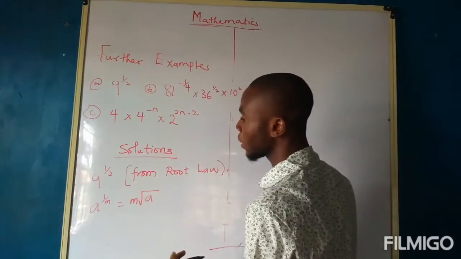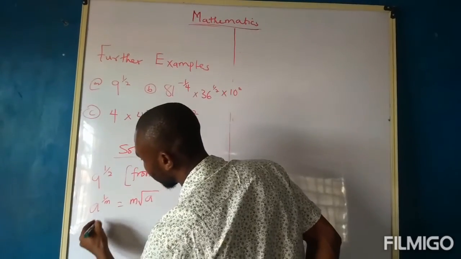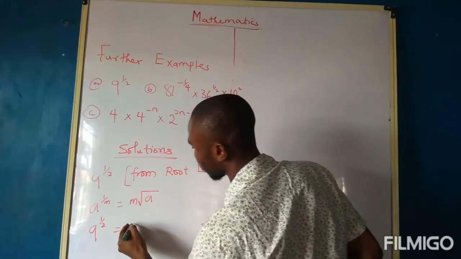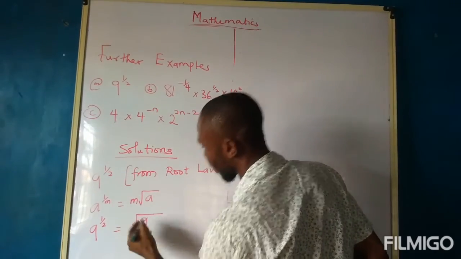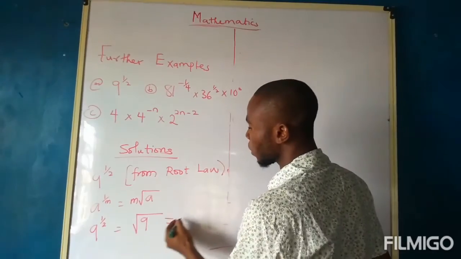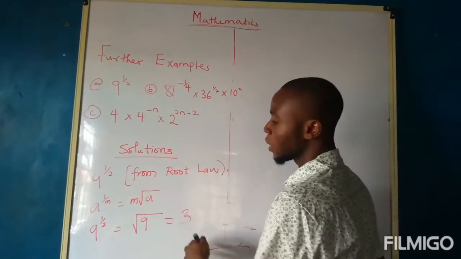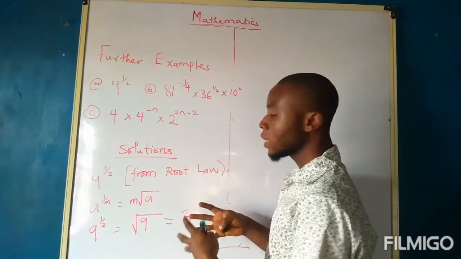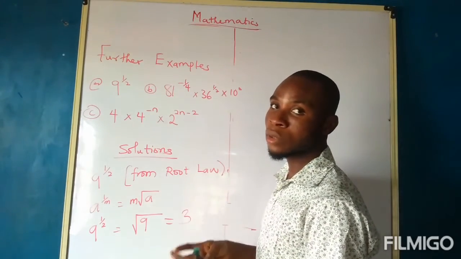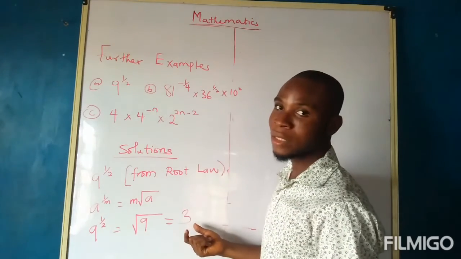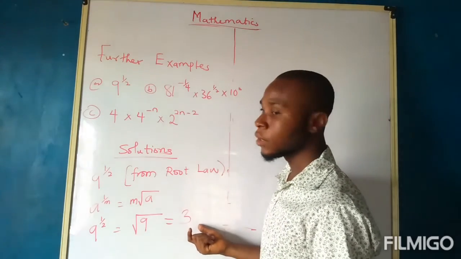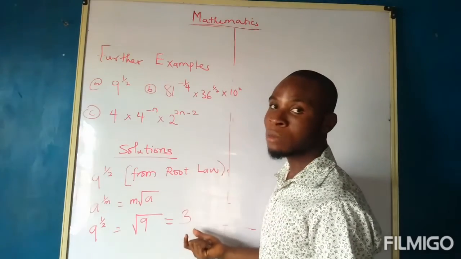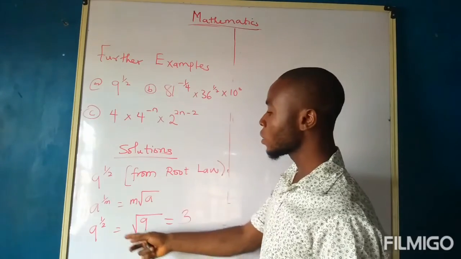Now, looking at this, 9 raised to the power 1 over 2 is going to give us root 9, and that will be 3. What this means is we should look for a root number such that when you multiply it 2 times, it's going to give us 9, and that number is definitely 3, because 3 multiplied by itself 2 times is going to give us 9.